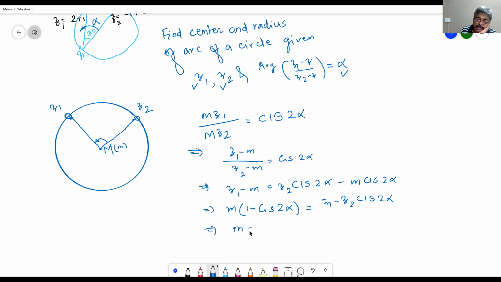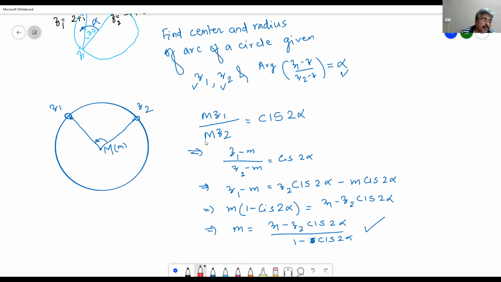Therefore m is equal to z1 minus z2 cis 2 alpha upon 1 minus cis 2 alpha. Okay, but then this is not in the form I was trying to tell you, but this is correct. I mean, this is the correct answer.